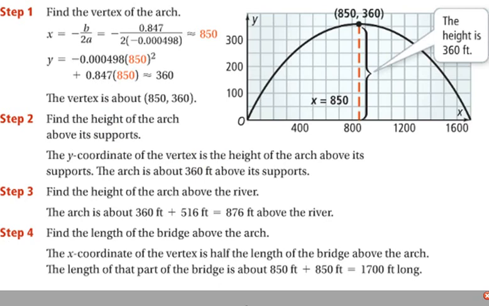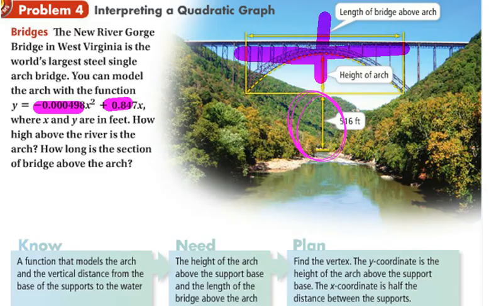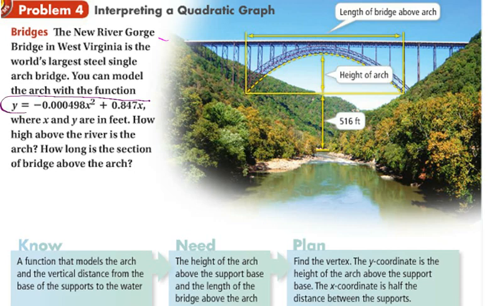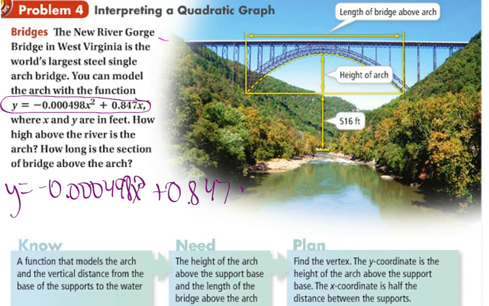Yes? A and B? Okay, very good question. The question was, how do you know what A and B and C is? Well, they gave you this equation here in the original problem. Right here. They tell you you can model the arch with this function. So it's y equals negative 0.000498 x squared plus 0.847x.